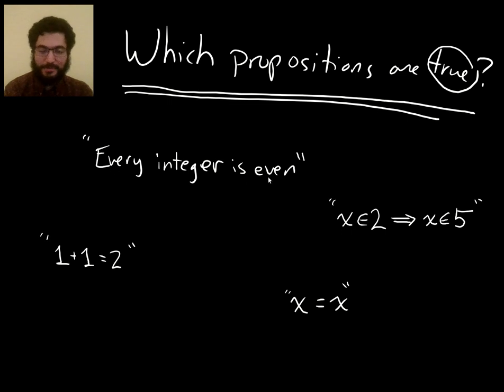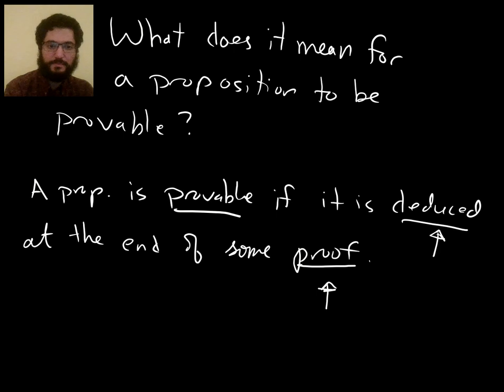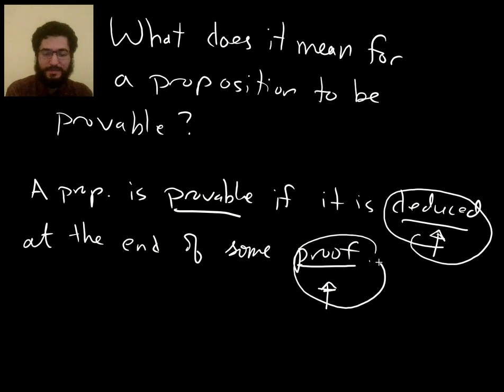If you can write down a proof for a proposition, then we'll consider that proposition to be true. Okay, so what is a proof? So to say that a proposition is provable is to say that it can be deduced at the end of a proof. So there are these words that I need to elaborate on. What does it mean to say I'm deducing something? What is a proof?